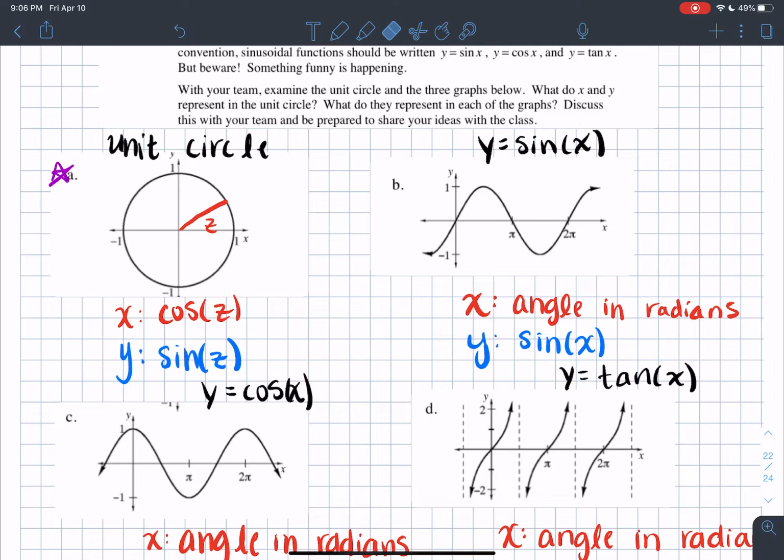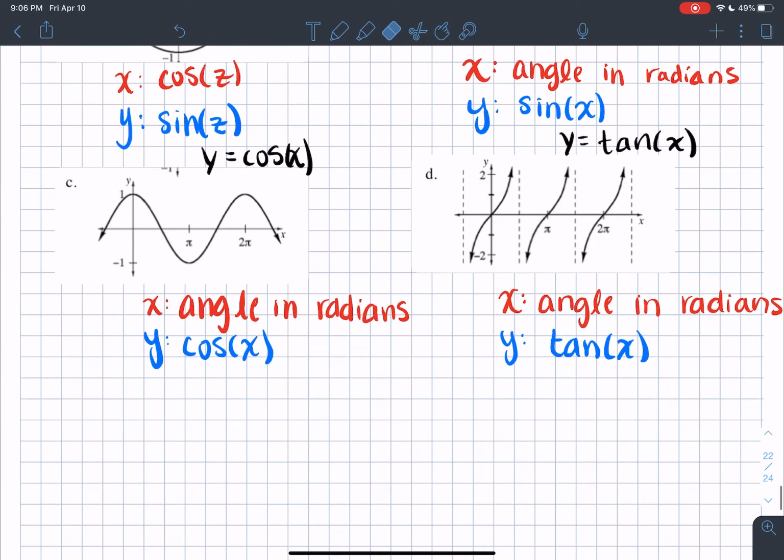So we said x is equal to cosine of the angle, so cosine of z, and y is equal to sine of the angle, so sine of z. In part B, we discovered that the x coordinate is the angle in radians, and y is sine of x. So just how the equation says y equals sine of x, we can tell that y is sine of that angle.